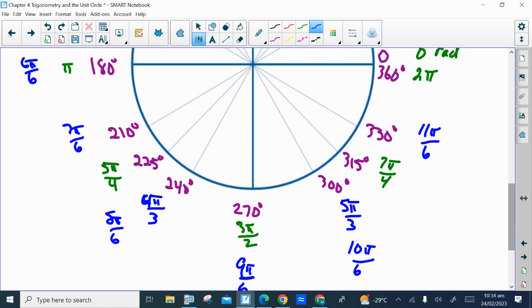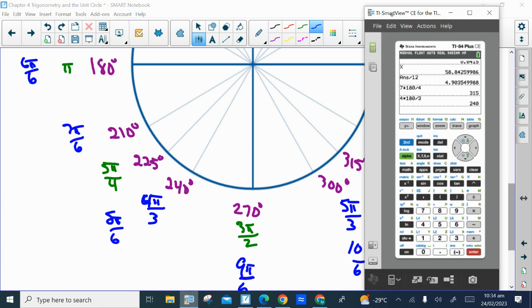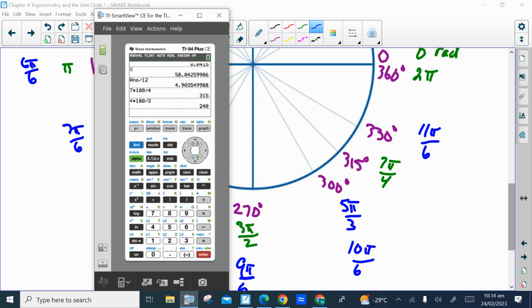And again, we can show that that is equivalent to 330 degrees by taking our calculator and remembering that pi radians is 180 degrees. So 11 pi on 6 would be 11 times 180 divided by 6. 330 degrees, same thing.